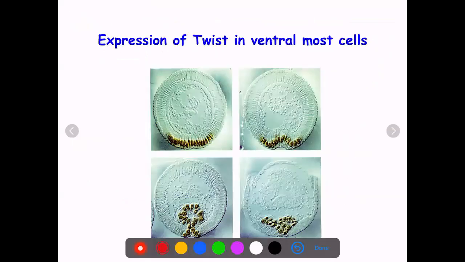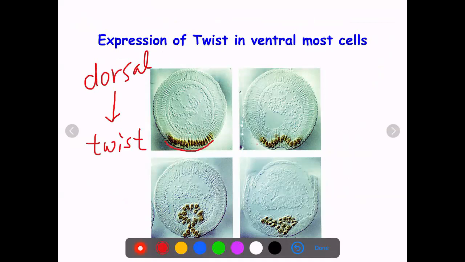So we'll go back to the ventral cells. In the ventral, we know that dorsal is the ventralizing factor. One of the major targets of dorsal is twist. This is also a gene name. So this is showing the twist expressing cells, and twist is what we call a mesoderm marker.